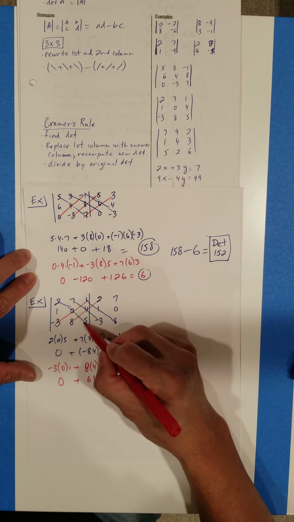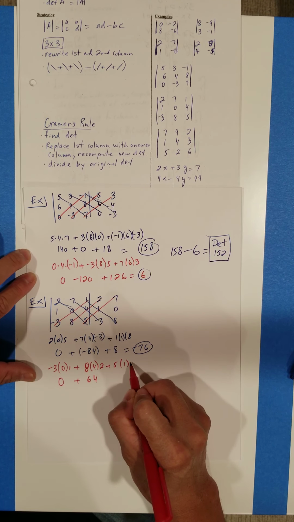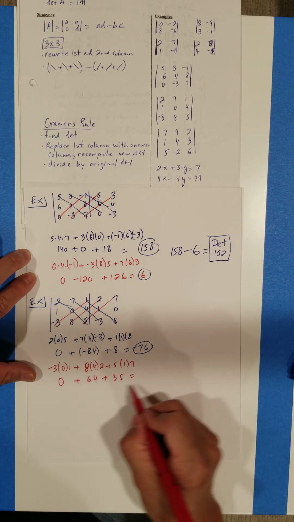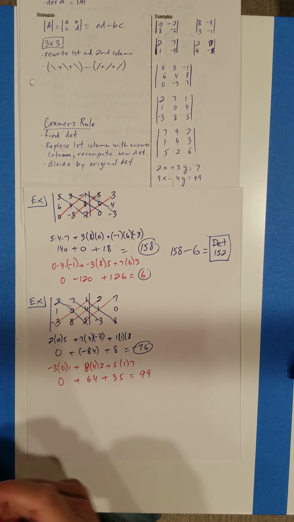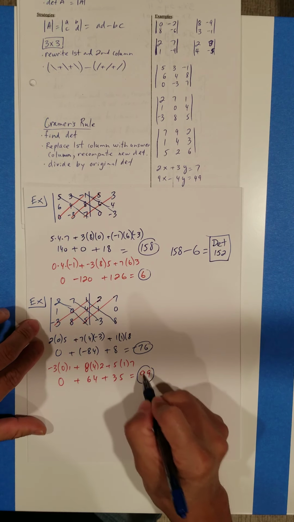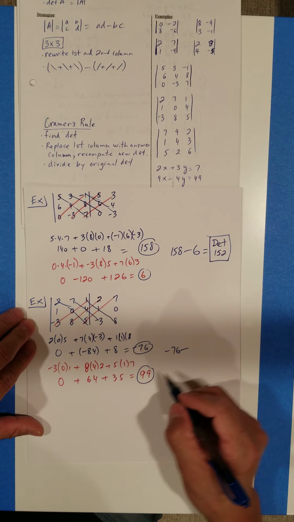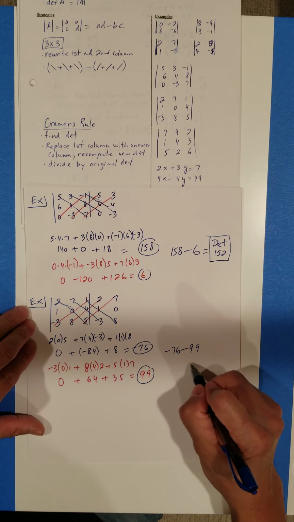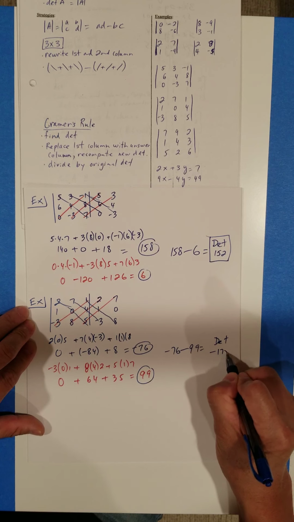We're going up one more time, 5, 1, and 7. 35. So this grand total is 99. And so our final answer for the determinant is we take negative 76, we minus 99. We always minus. So we get a grand total determinant of negative 175.